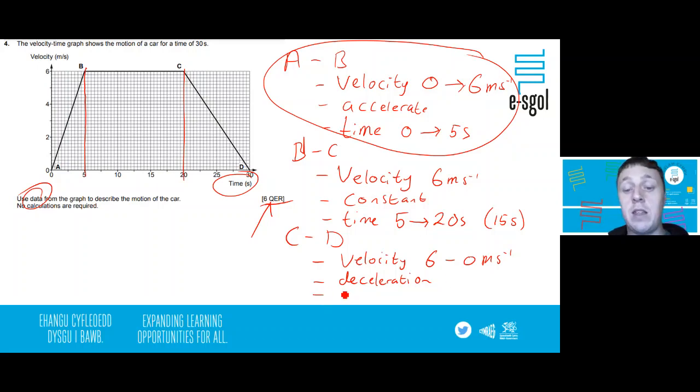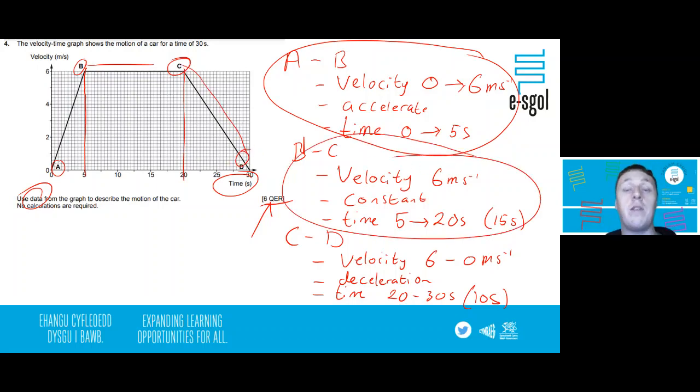You can see that the time which this takes is 20 to 30 seconds, and that would be a 10-second interval. So from breaking this question down into sections A to B, B to C, and C to D, we now have 3 clear different paragraphs we could write.